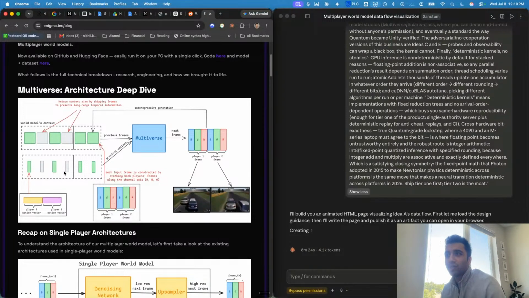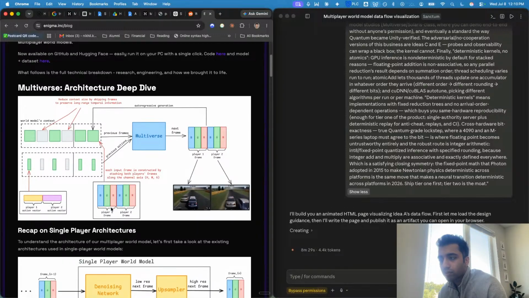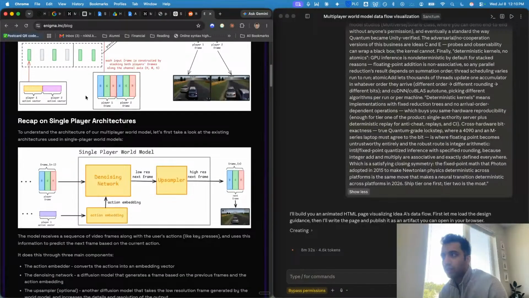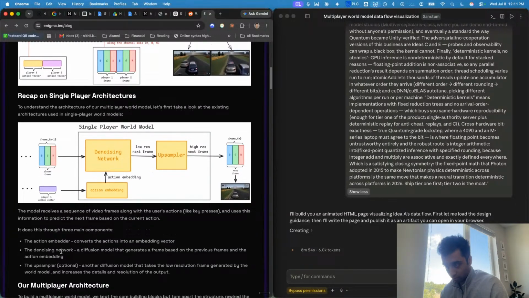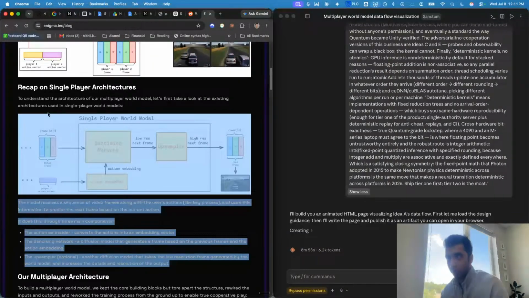Okay, let's try to understand this thing. To understand the architecture of this, we need to understand this. Okay, simple enough.